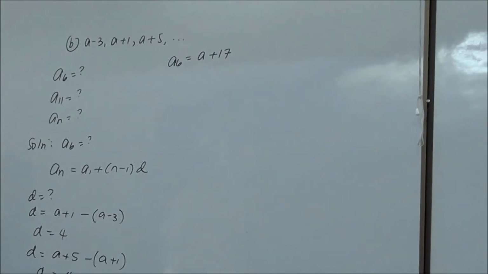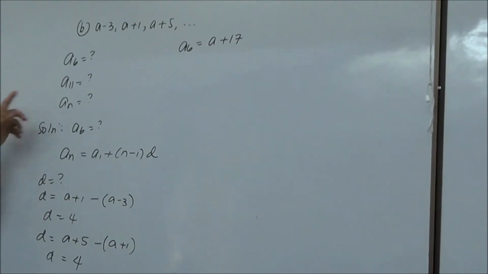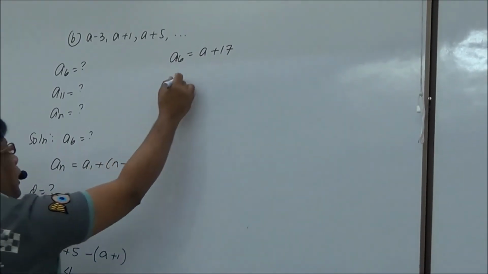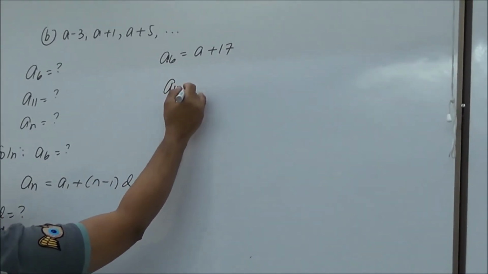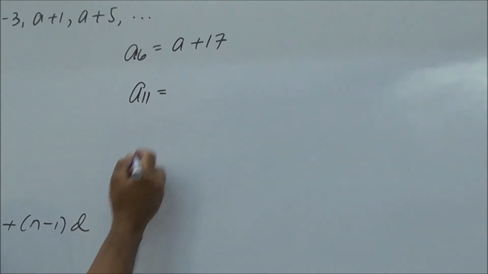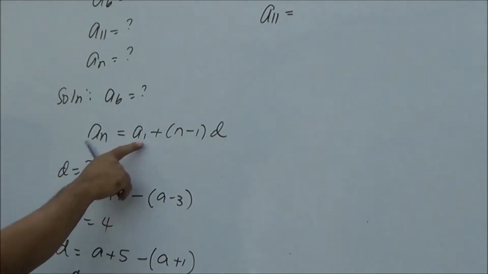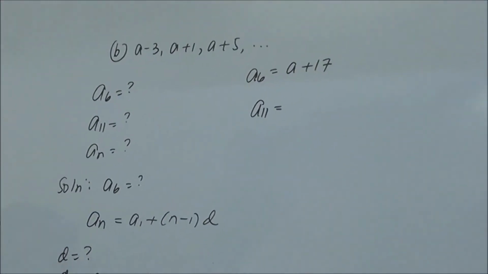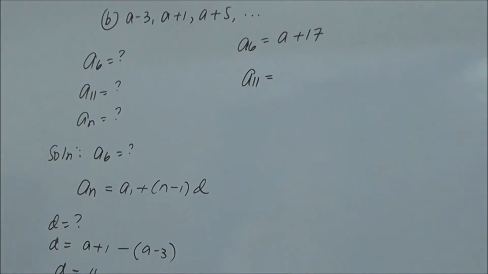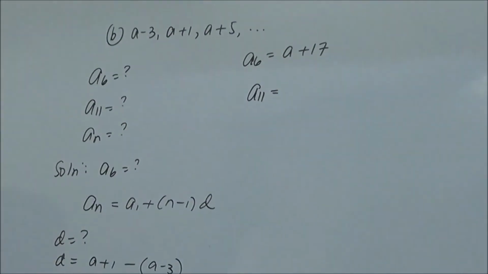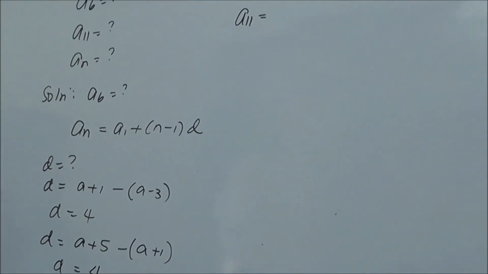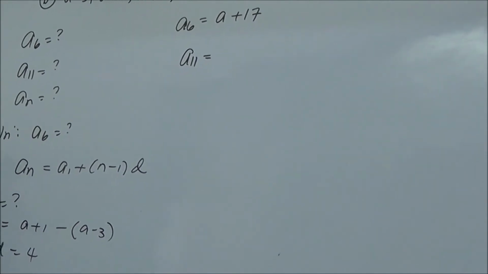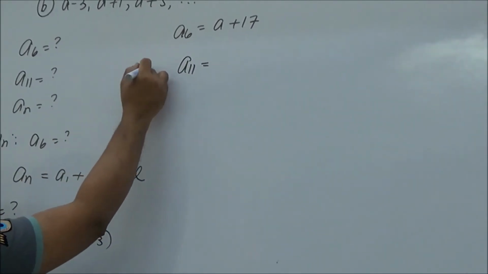So, what's next? Let us now define a sub 11. For us to define a sub 11, we have the formula again, a1 plus (n minus 1) times d. So we have already found the value for the common difference d. You can identify a1, so that we can now identify the 11th term. Of course, n equals 11 here.